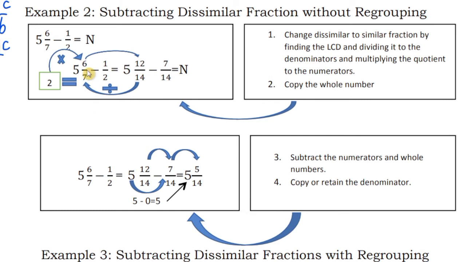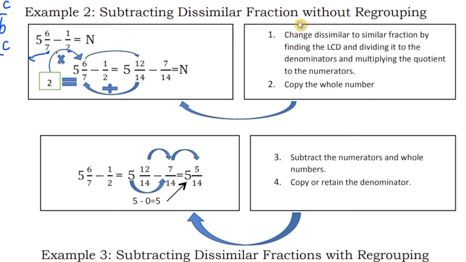Okay, so we have here 5 and 6 over 7 subtracted by 1/2 is equal to n. So the first thing that we should do for this is, we could not subtract the said fractions because the given fractions don't have the same denominator.